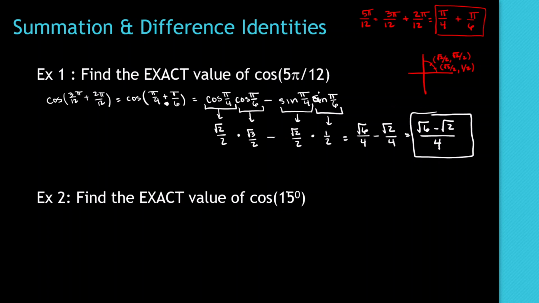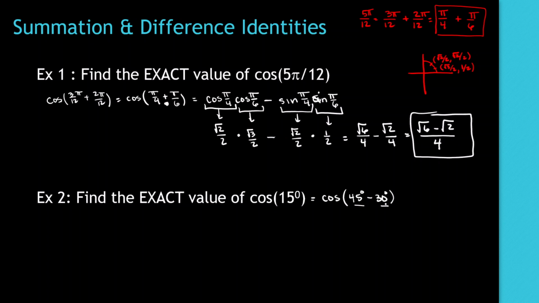All right, we can also do this with degrees. Let's remember that cosine of 15 could be 45 minus 30. So I just have to find two of the angles that we learned from our unit circle. These identities aren't useful for everything.